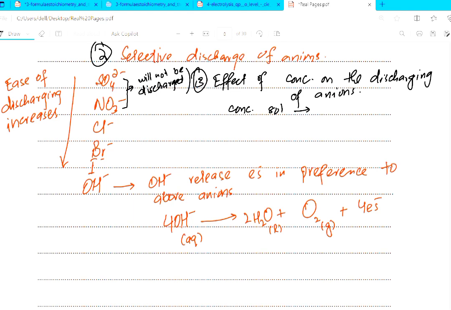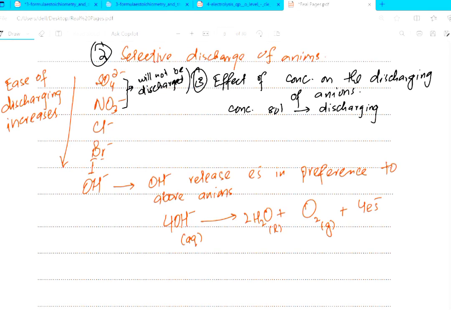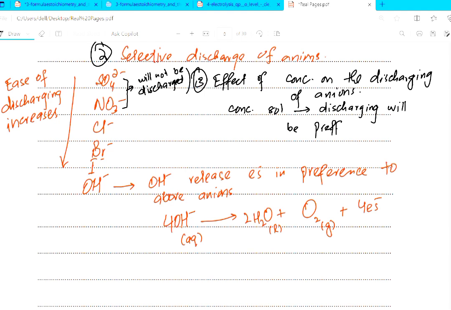In case of a concentrated solution, discharging will be preferred in reverse trend for anions.